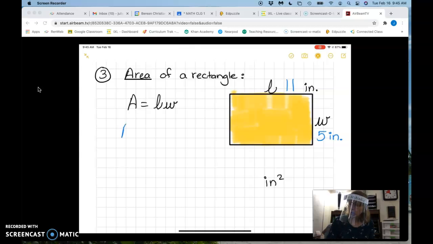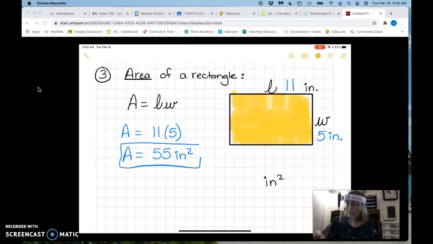And we're just going to plug it in, and we're going to say area equals 11 times 5. Either use a dot or parentheses for your times. Do not use an X because it looks like a variable. So what is 11 times 5, people? 55. Good. 55, and I'm going to write it as inches squared.